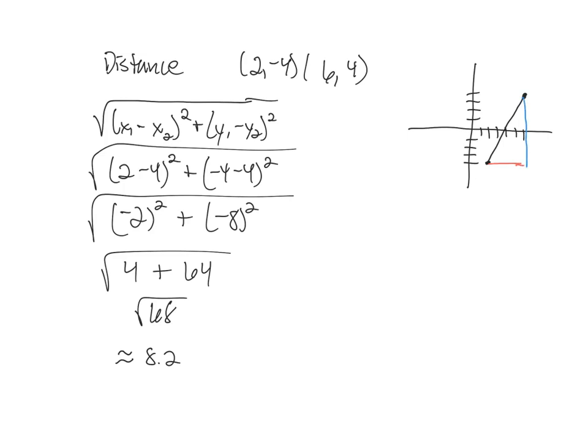If I could draw straight, awesome. Sorry, excuse me. So how far is that red line? It's 1, 2, 3, 4 spaces. The blue line, 1, 2, 3, 4, 5, 6, 7, 8 spaces. So there's our 2 and 8 that we got right there. And then I'm going to do the Pythagorean Theorem. So 4 squared plus 8 squared.